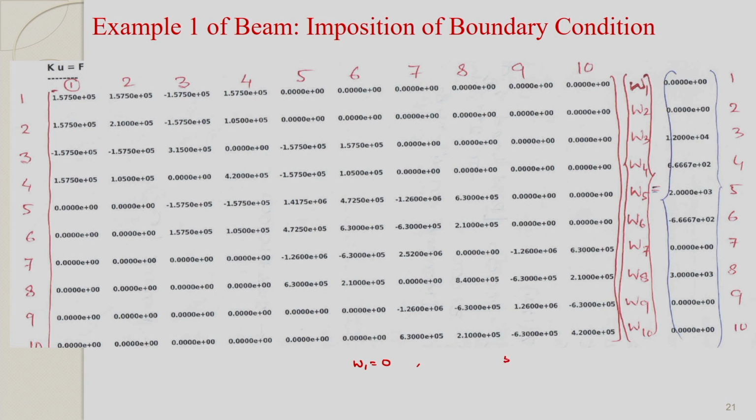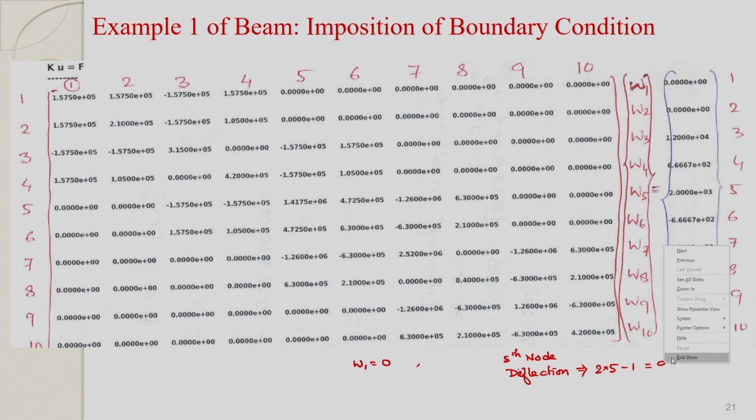Now, for the 5th node, deflection corresponds to 2i minus 1, that is 9. So, W9 will be 0.